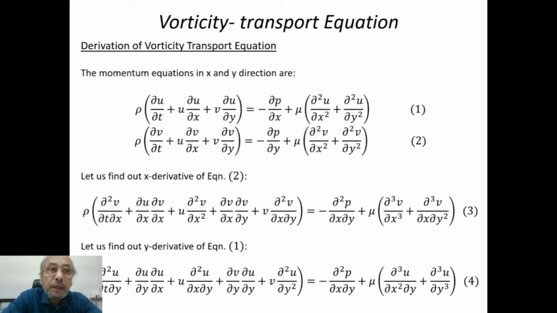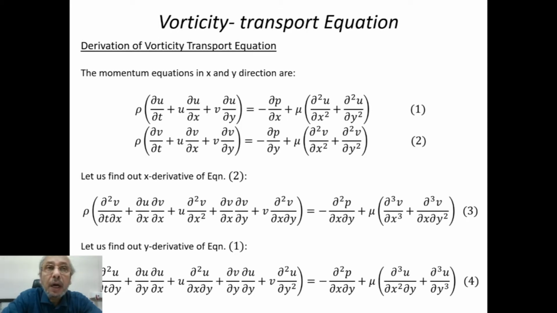Although it does not solve Navier-Stokes equations in terms of U, V, W and P, it solves the Navier-Stokes equations in terms of derived variables, that is vorticity and stream function. Having found out vorticity and stream function in the domain, U, V and P are derived out of that.